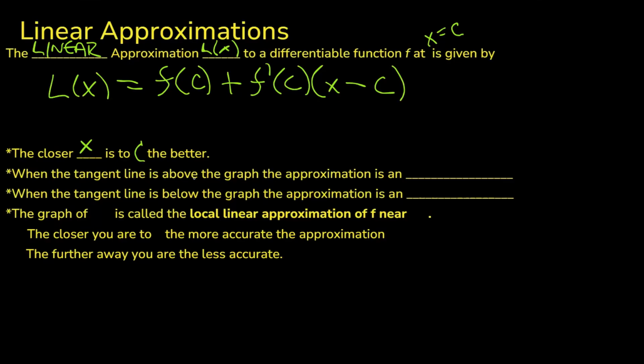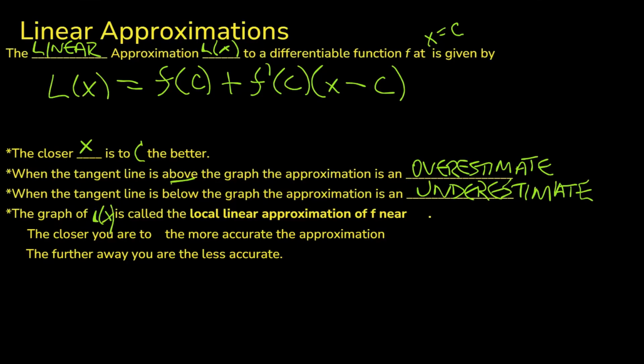When the tangent line is above the graph, the approximation is an overestimate. Also, when the tangent line is below the graph, the approximation is an underestimate. The graph of L of x is called the local linear approximation of f near c.